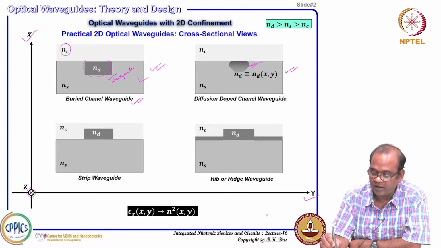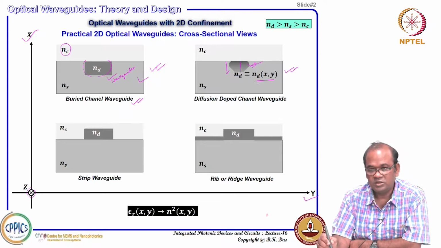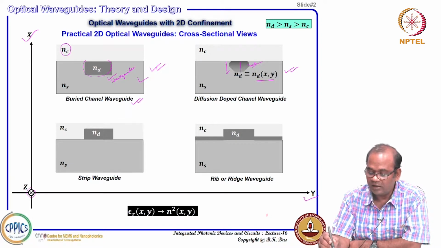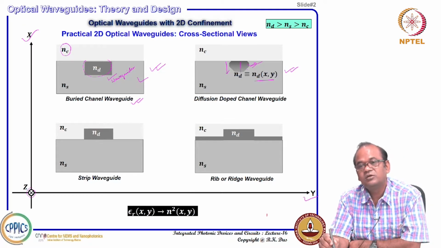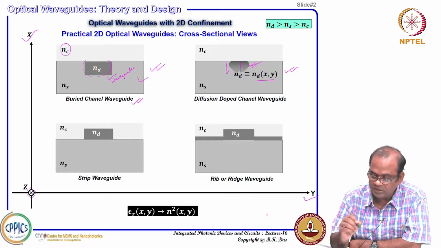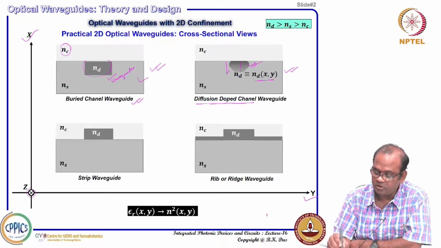That can be graded, that means from the top to bottom the concentration of the doped material will be decreasing, and the refractive index change will be proportional to the doped atoms or doped material, and that is how you get a so called graded index waveguide core. Such a waveguide is known as a diffusion doped channel waveguide.